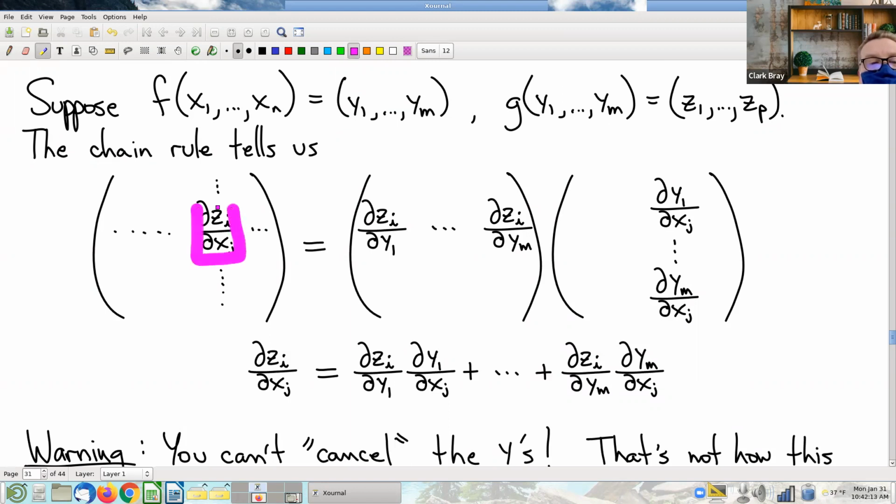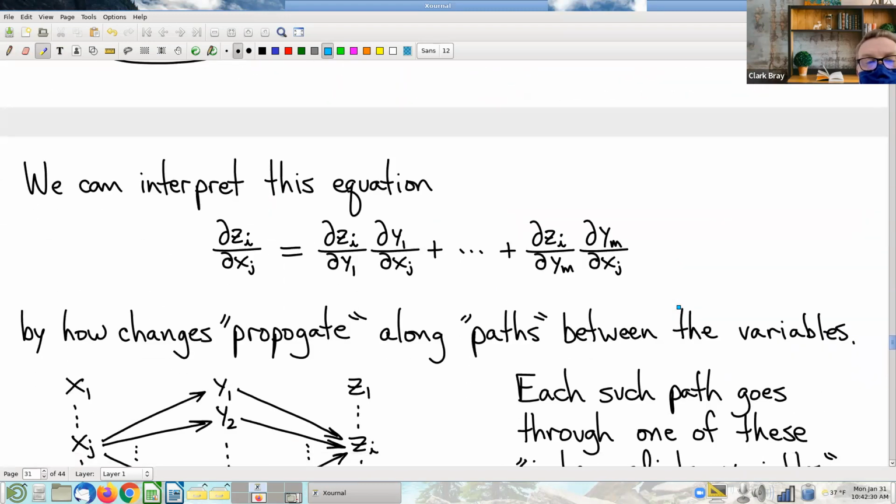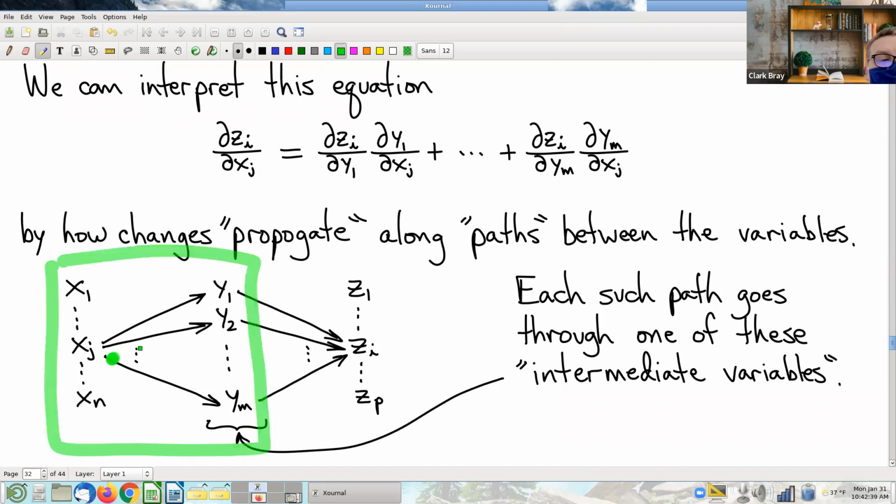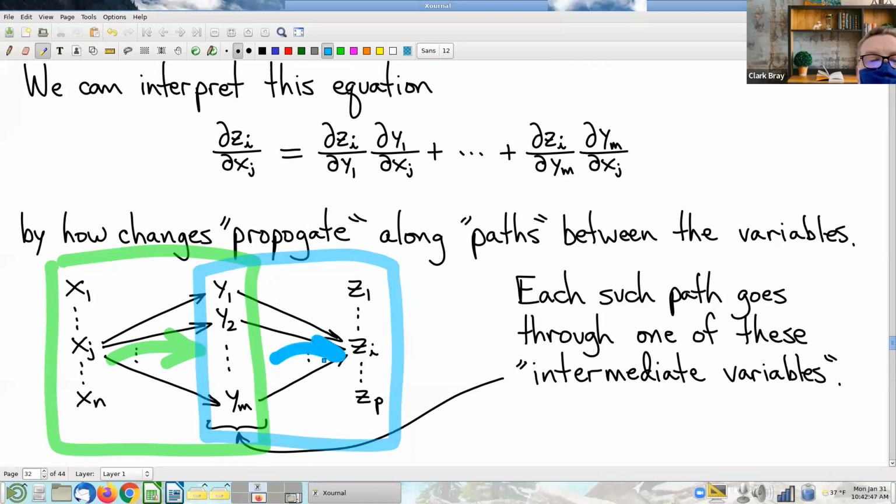This element of the product matrix is computed as a dot product of that row with that column, thus giving these various terms. So how else might I interpret this? Here's the way I want to think about it. Think about the variables themselves, and don't forget f turns the x's into y's, and g turns the y's into z's.